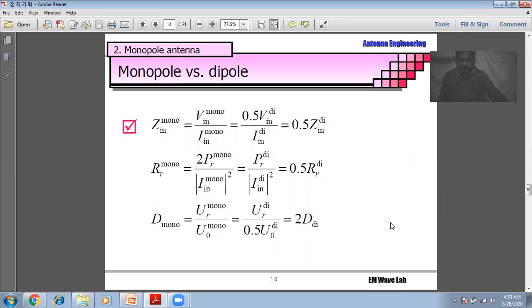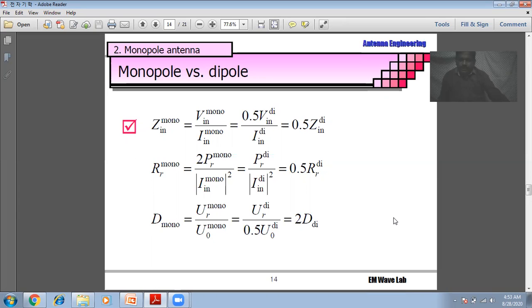The radiation resistance of this monopole antenna is nothing but half of the radiation resistance of the dipole antenna. The dipole antenna has a radiation resistance equal to 73 ohms, therefore 73 ohms divided by 2 becomes 36.5 ohms for the monopole antenna.